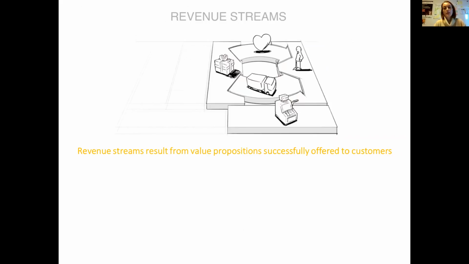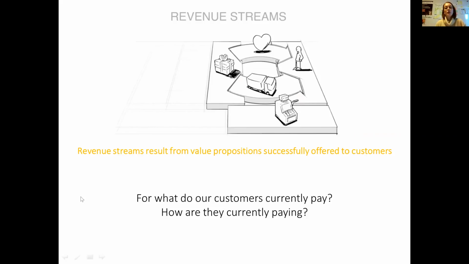But there's no problem if this block is filled in just after all other blocks are complete. So revenue streams represents the cash that we generate from each customer segment. The basic question is, for what do our customers currently pay, and how are they currently paying?